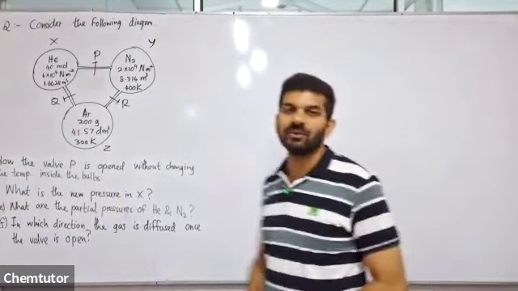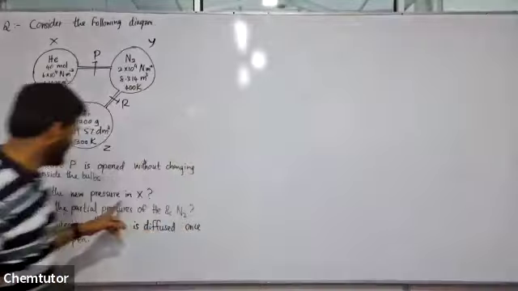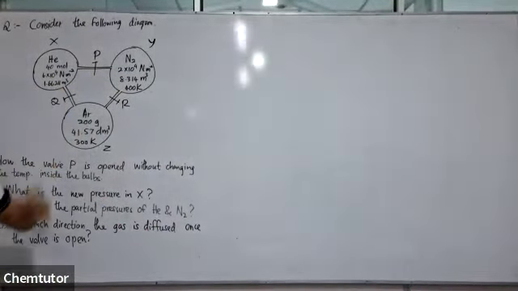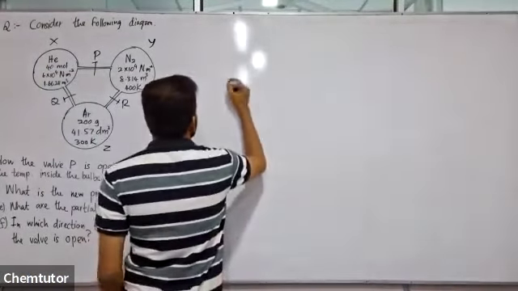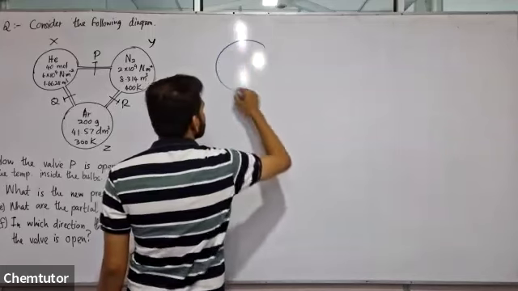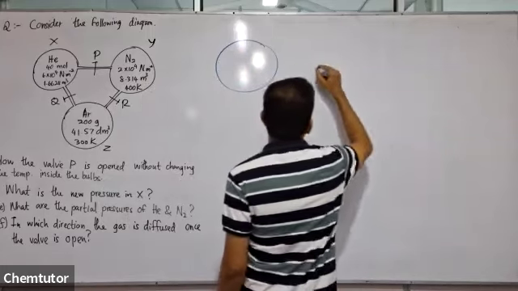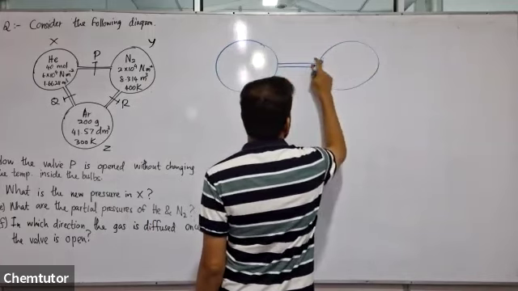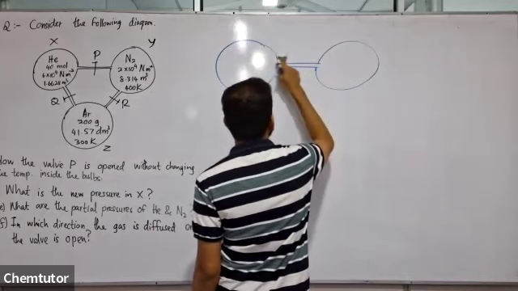Yeah, that's what we are going to do now. That's the thing that we had to find. See, pressure inside X equals pressure inside Y as well. Now here we have parts that are connected with each other.